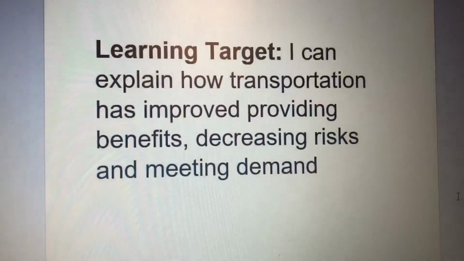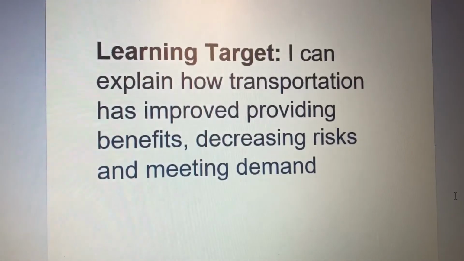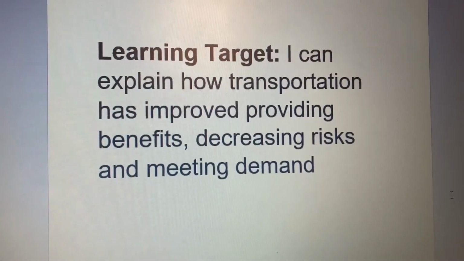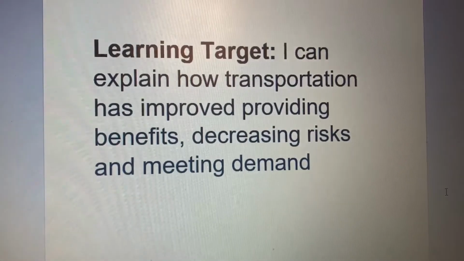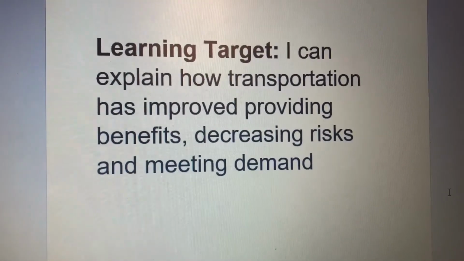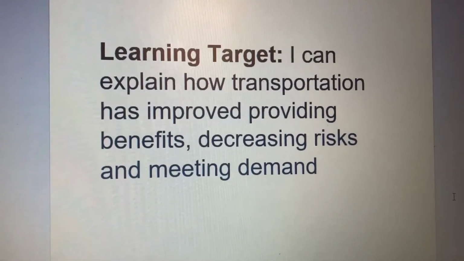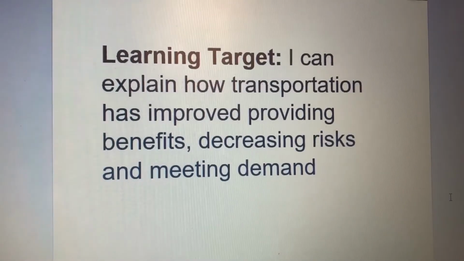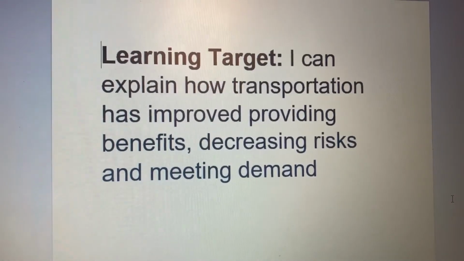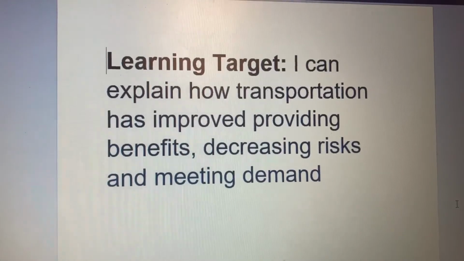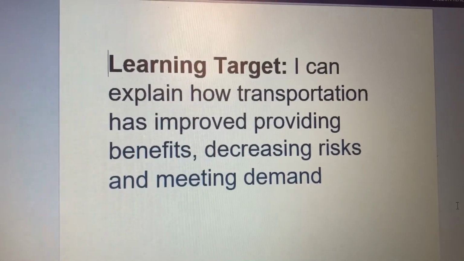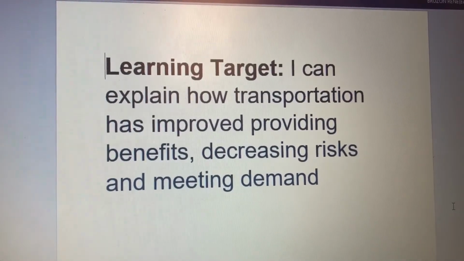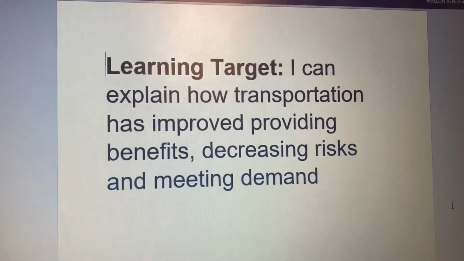So if we look at our learning target here, I can explain how transportation has improved, providing benefits, decreasing risks, and meeting demand, right? We have quite a few examples, right from the video to this article, of how it has improved. And I'm sure that when you had that discussion, you mentioned that transportation has gotten safer, right?